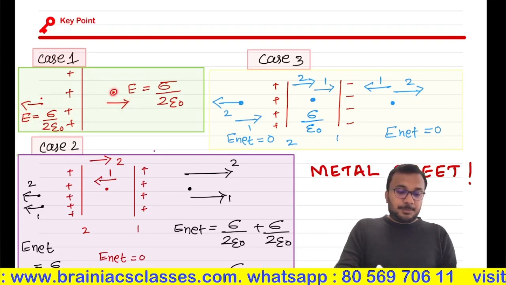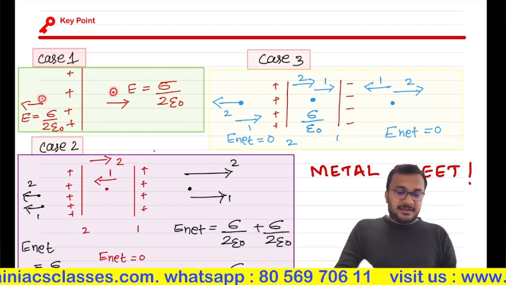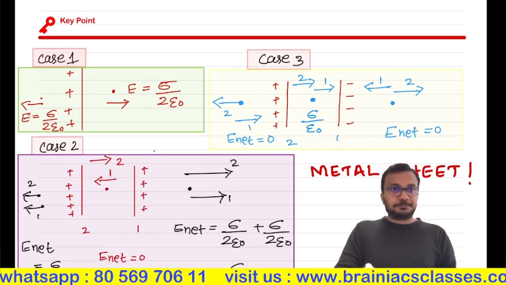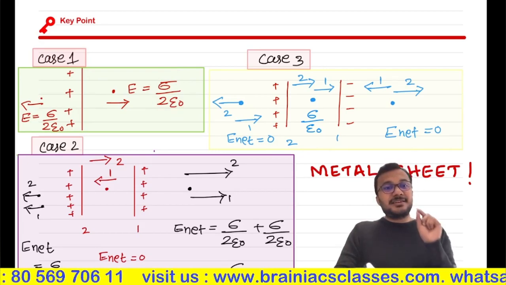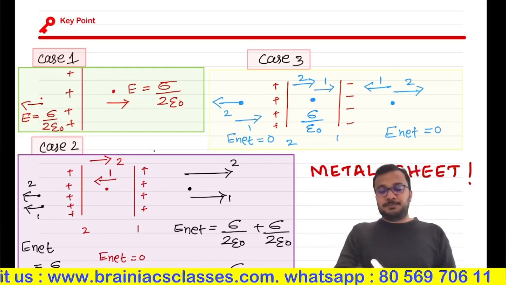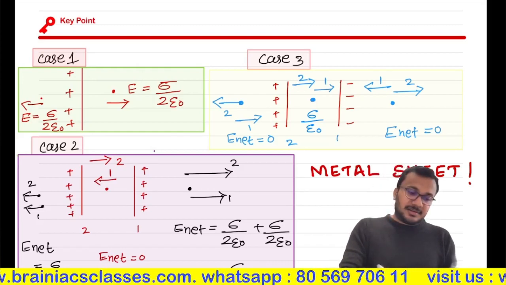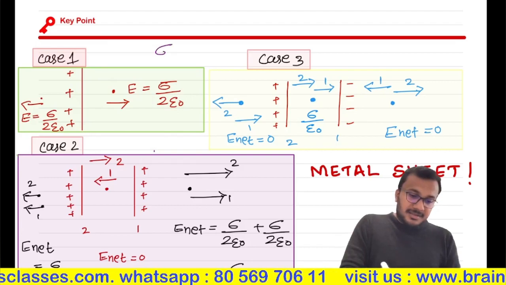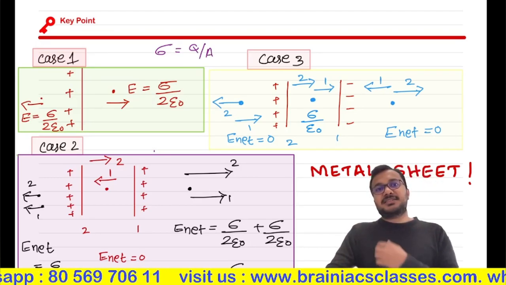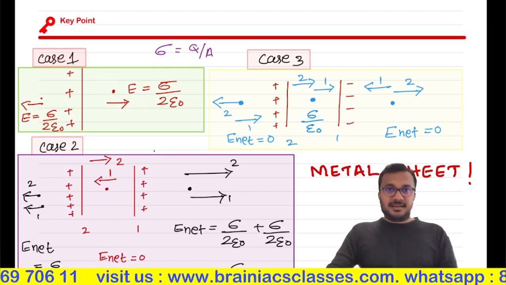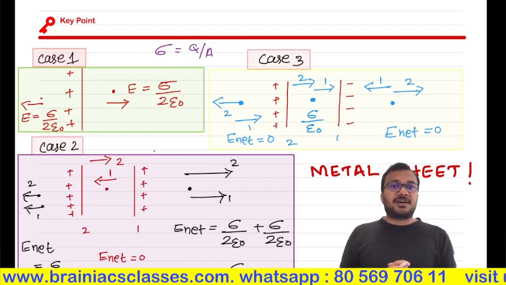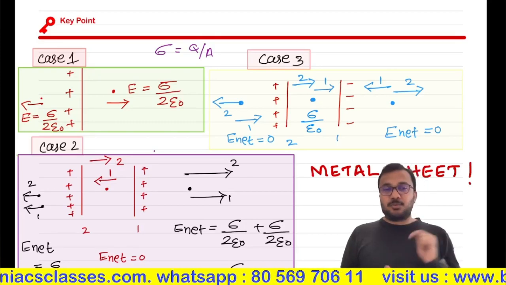So the electric field here and here is equal to sigma divided by 2 epsilon 0. This is for a single sheet. What is sigma called? Sigma is called charge by area, charge divided by surface area. That is called surface charge density. The case number 1 we learned.